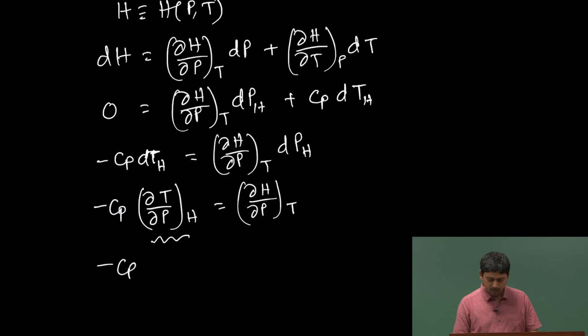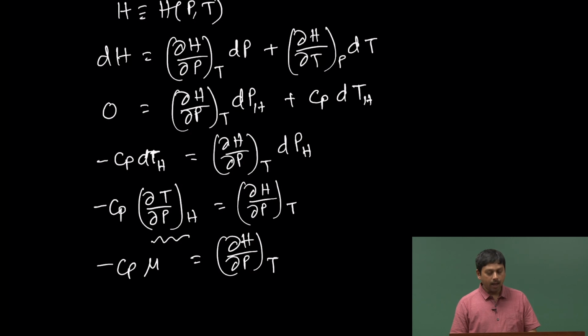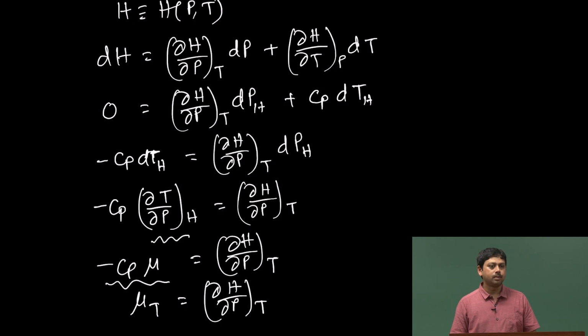So, minus Cp mu is del H by del P at constant T, and minus Cp mu is called isothermal Joule-Thomson coefficient. Sometimes that is also measured, and in that case it is nothing but del H by del P at constant T. That means, change in the enthalpy for a change in pressure at a constant temperature.